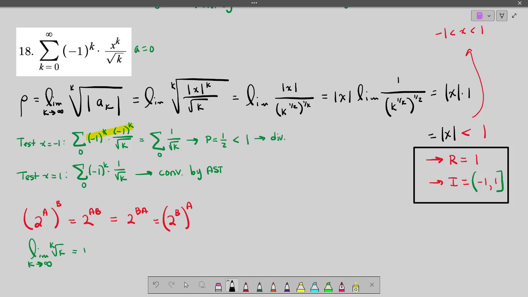Make sense? Any piece there you want to ask about? That all clear? -1 to the k times -1 to the k is 1.